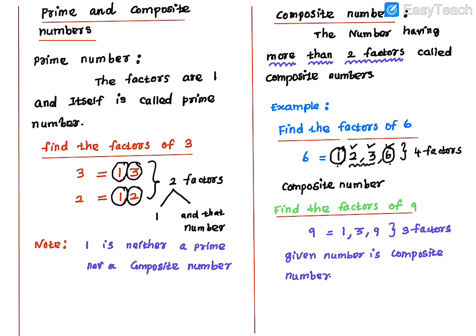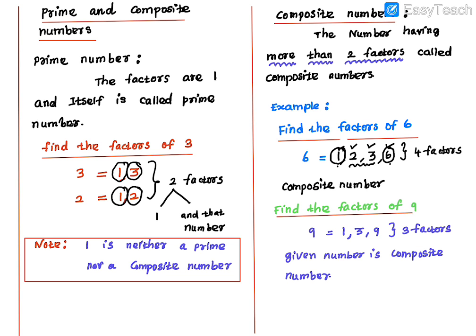So this is the note, students. So 1 is not a prime number, it's not a composite number. Okay, so apart from 1 only we have to calculate.